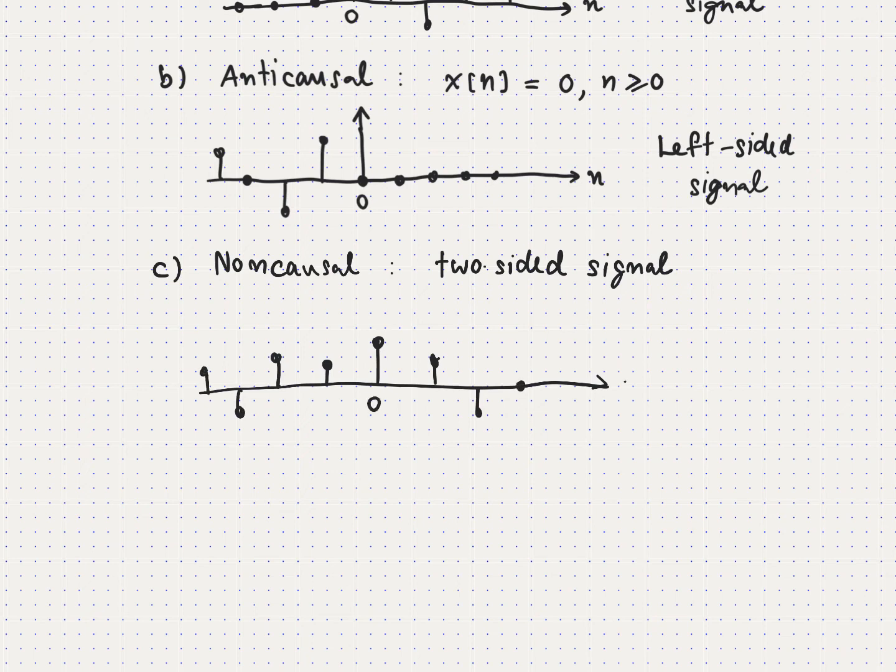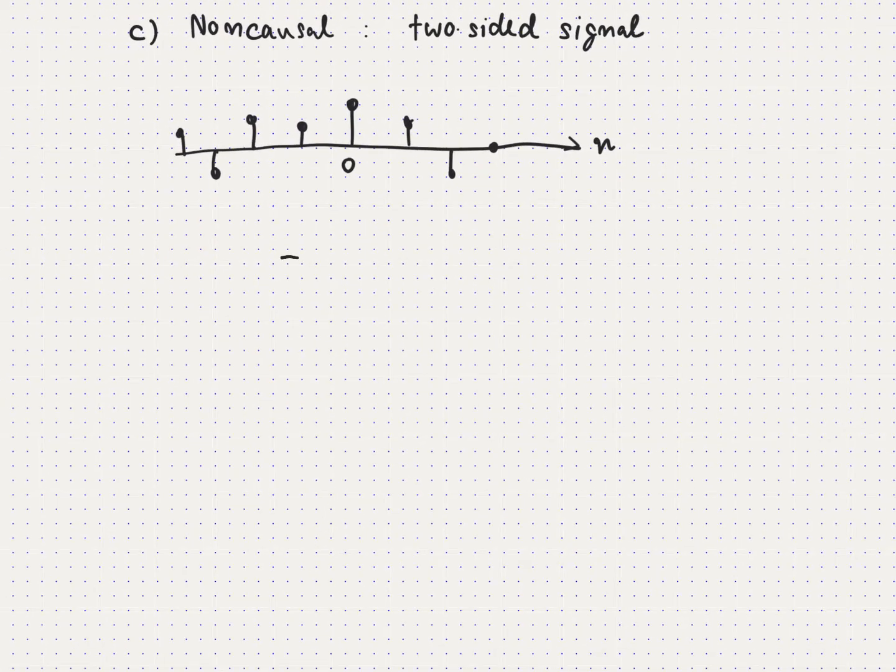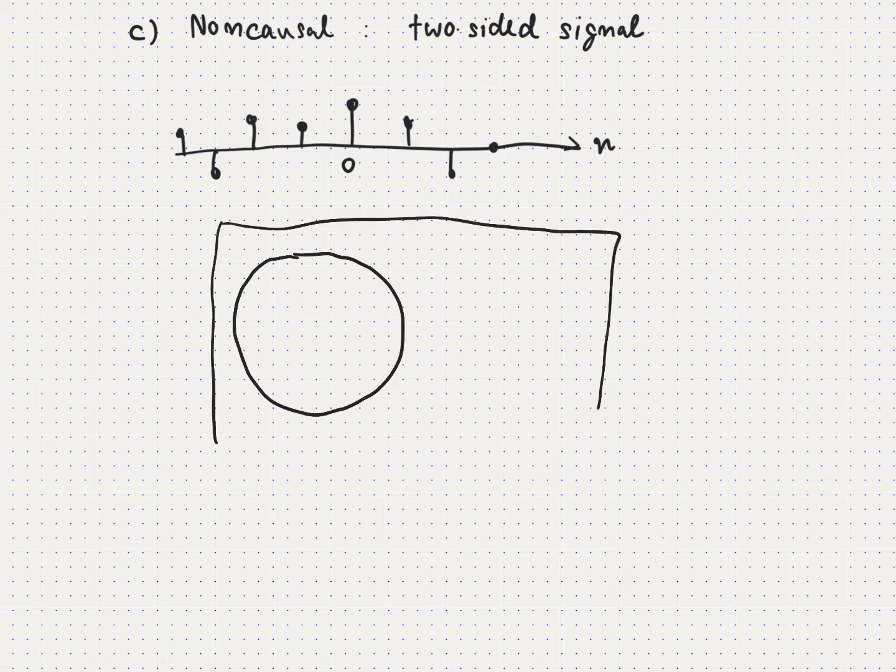If we draw a Venn diagram, you'll see that this is the set of the whole signal universe. The signals that are causal are in the yellow circle. Outside of the causal circle is the non-causal.